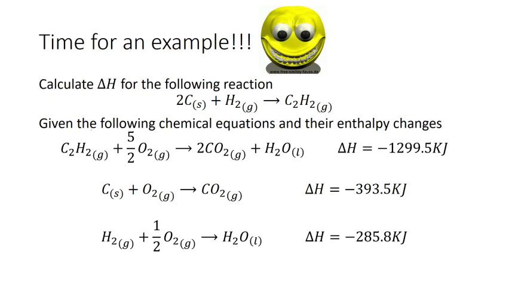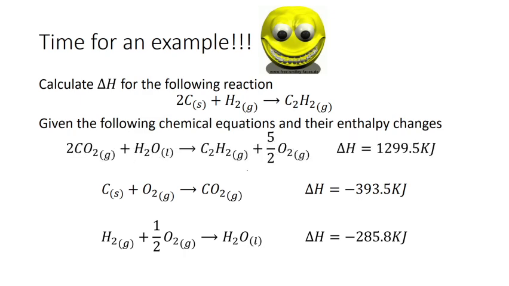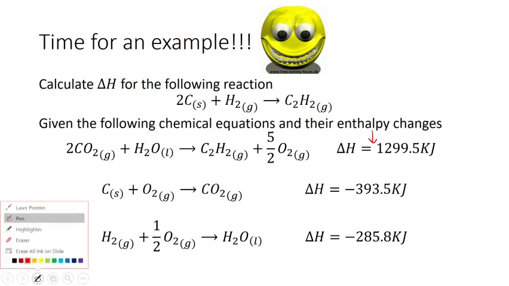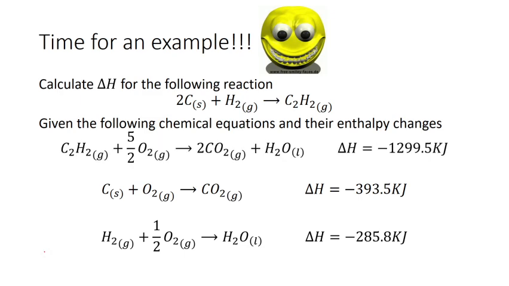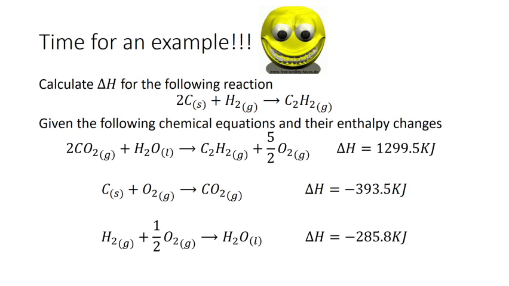So what we can do is flip that first reaction. So now we have made our reactants our products and our products our reactants. But if you notice, we have changed the sign of the enthalpy, because if I go back, it's negative here, and then as we flip it, it becomes positive. So as we flip the equation, we have to flip the sign of the enthalpy for the equation as well.